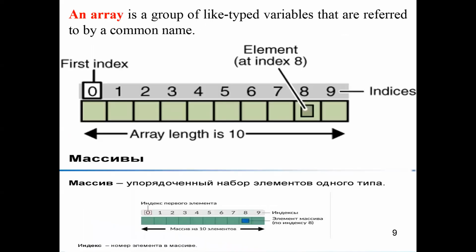Please, guys, look on the next slide, slide number 9. You can see the definition of an array. So, an array is a group of like-typed variables that are referred to by a common name.